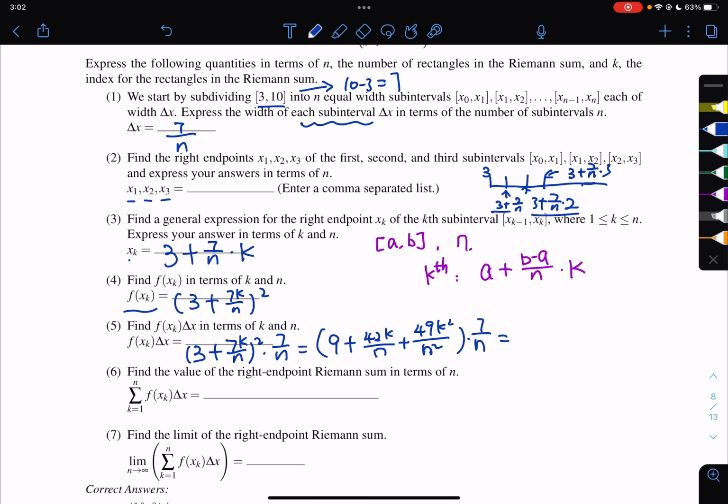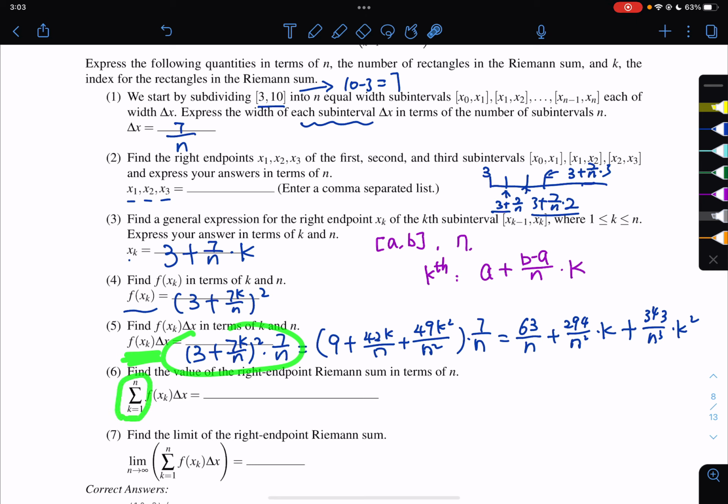Keep simplifying: 63 over n plus 42 times 7 over n squared multiplied by k, plus 49 times 7, which is 343, divided by n cubed multiplied by k squared. I FOIL out this term and multiply out the expression, so this is what I end up with.